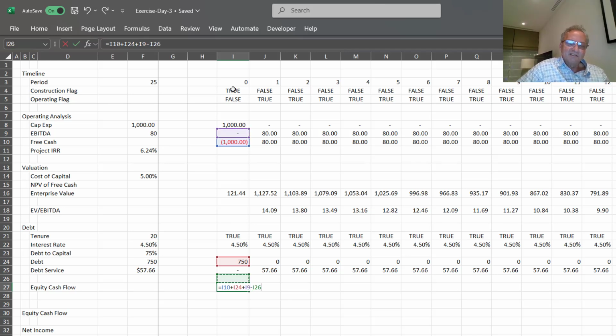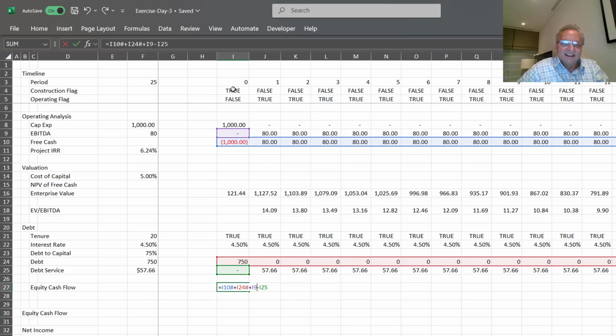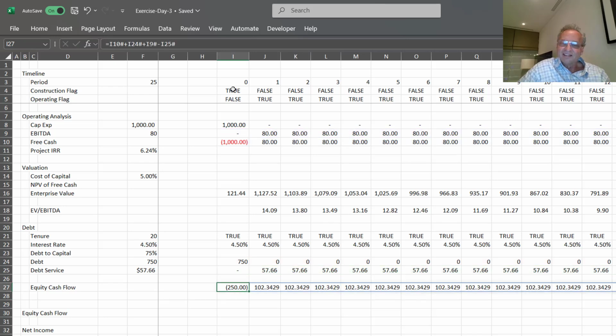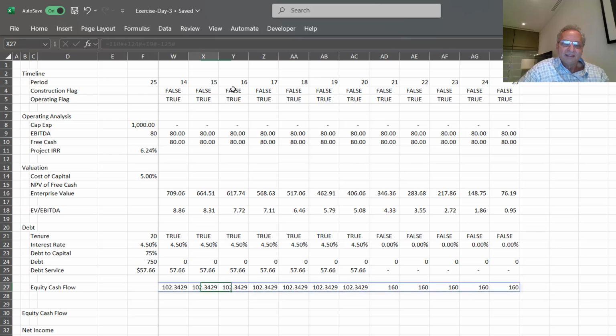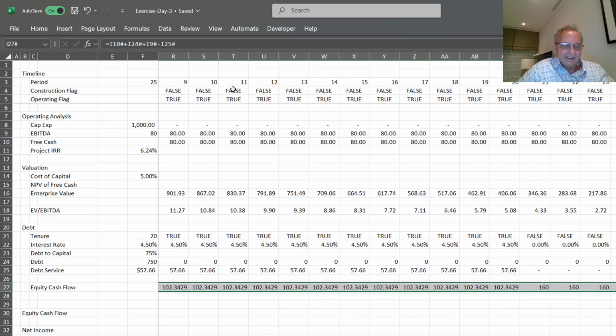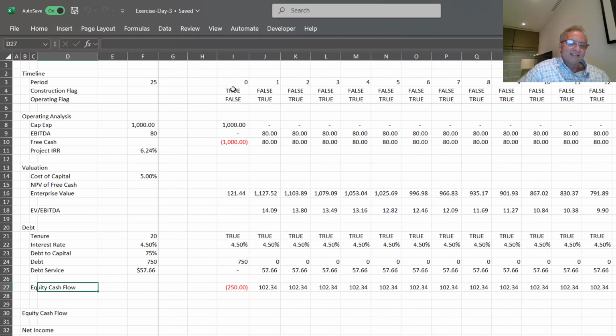And I should have done all of these with hashes, and that takes even longer, so I don't know if that's that great to do. And then we get the equity cash flow, and it better go up after we're finished paying off the debt. And I hope I did this debt service okay, I hope.